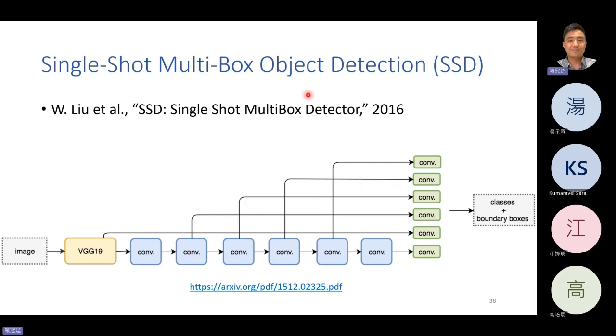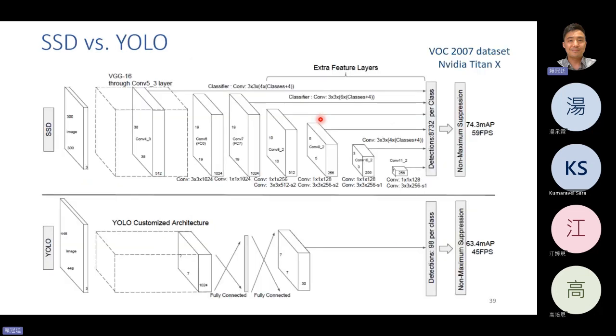So if we want to detect objects at different scales, we can just detect from the features of each convolution layer. So we will have multiple bounding box detections, and we can detect objects at different sizes. That's the idea of SSD, single shot multi-box. Each feature map, each layer, tries to predict the class and detection.